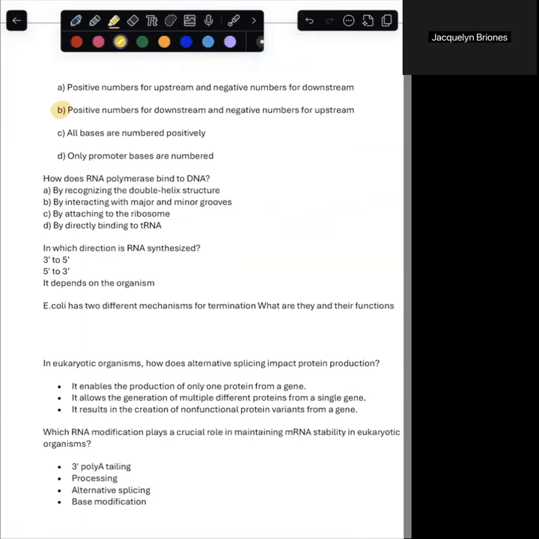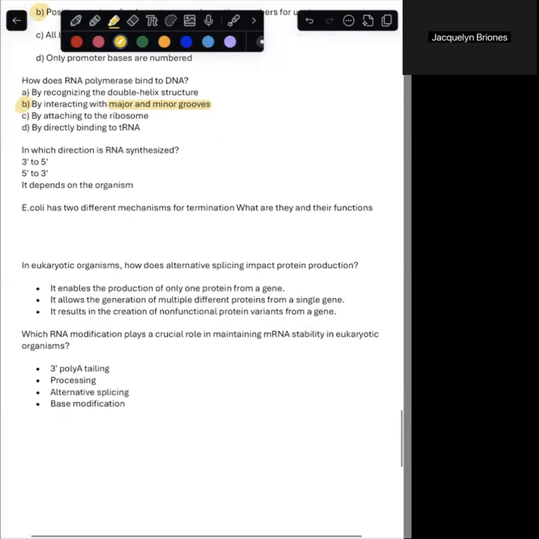So RNA polymerase recognizes or binds to DNA by interacting with the major and minor grooves of DNA. In which direction is RNA synthesized? RNA is synthesized in the 5 to 3 prime direction.